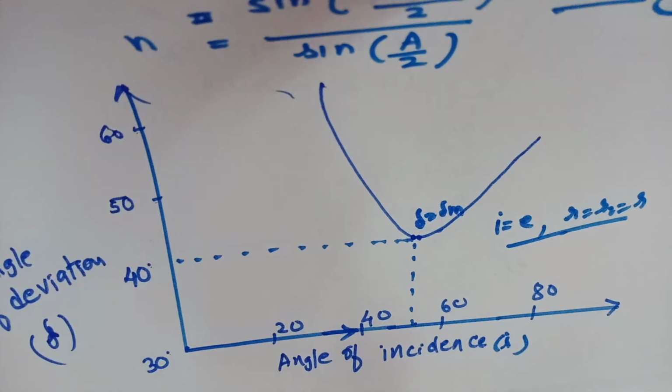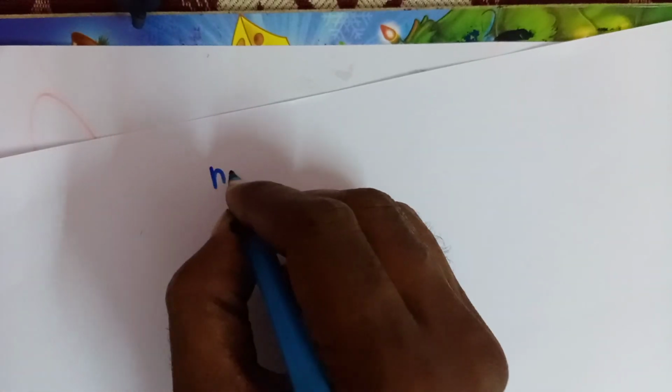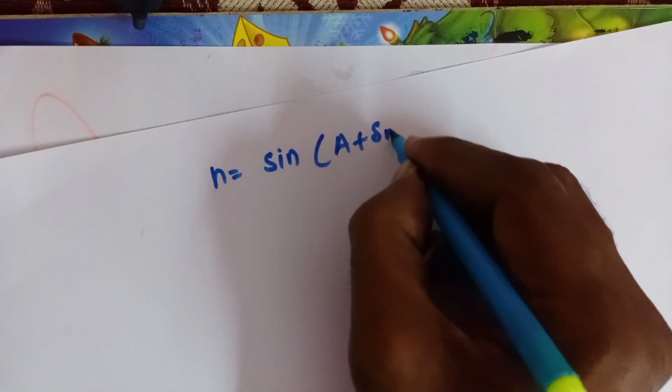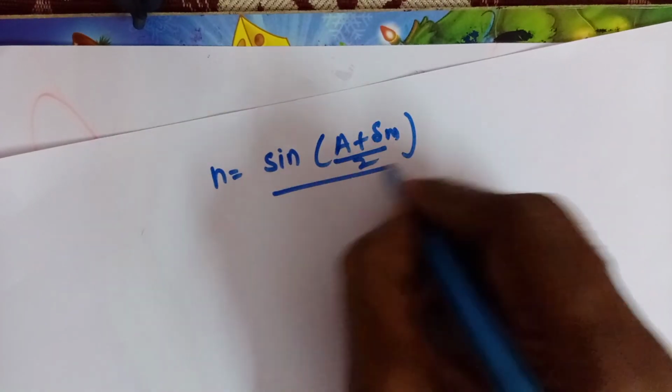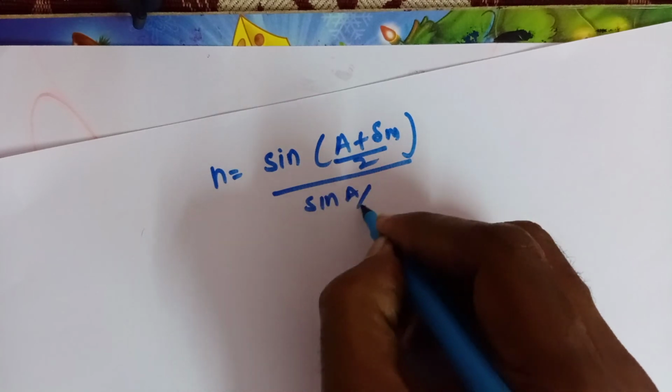For a very thin prism, what is the formula of N? N equals sine of A plus delta M by 2, upon sine A by 2.